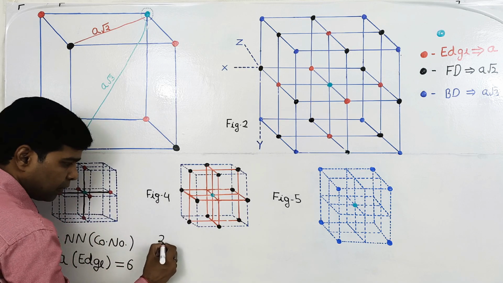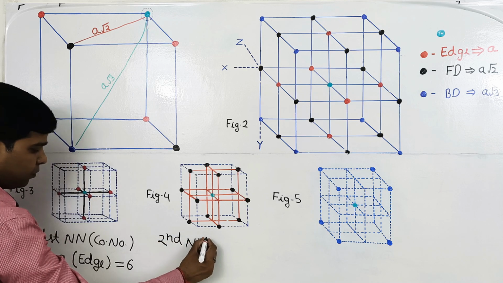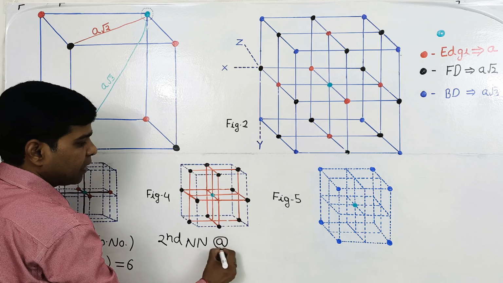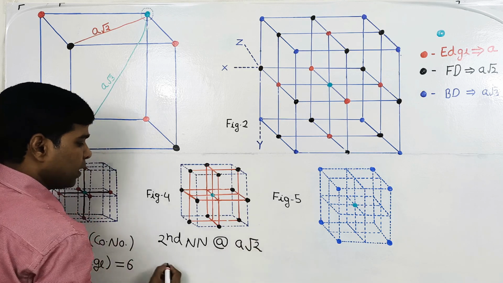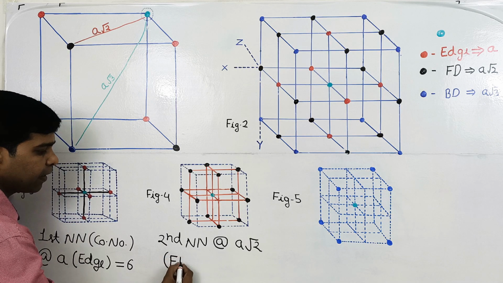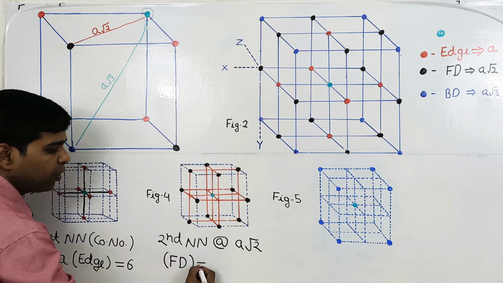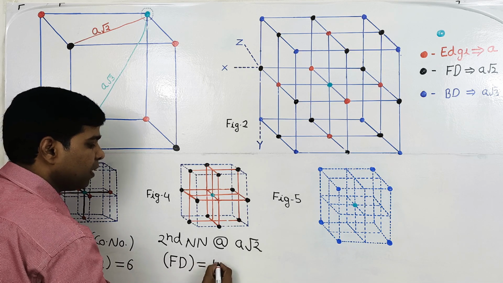The second nearest neighbor is present at the distance of a under root 2. What is the information? This is the face diagonal, and the dimension of the face diagonal is a under root 2, and we have 12 such particles.